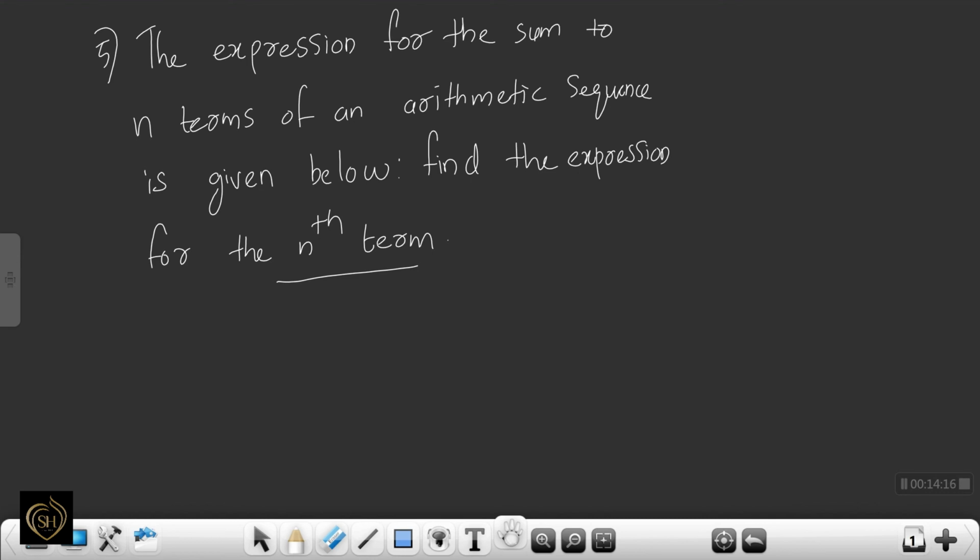Find the expression for the nth term, or we want to write the algebraic expression. The expression for the sum to n terms, Sn, is equal to n square plus 2n.